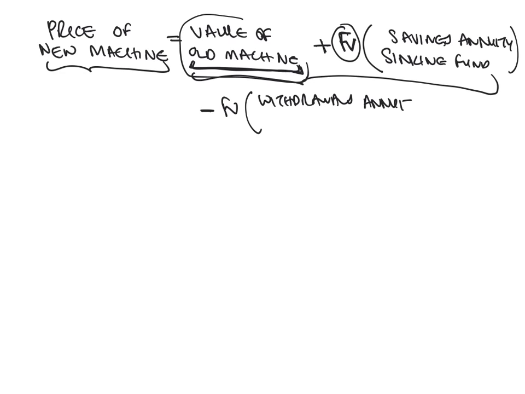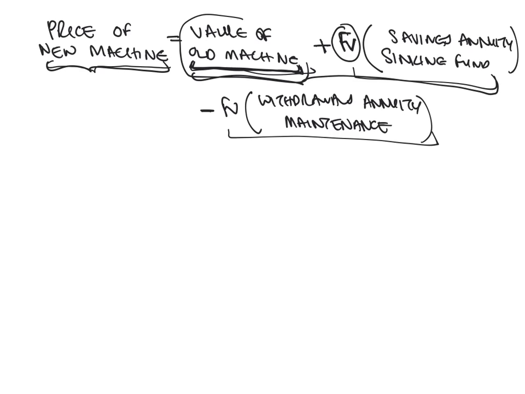And remember that this withdrawals annuity was specifically for maintenance. And if I add these two and subtract the future value of my maintenance annuity, that should be the amount that I need to purchase a new machine.